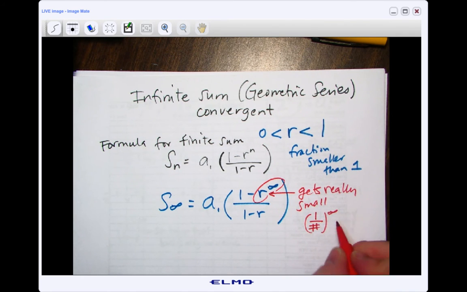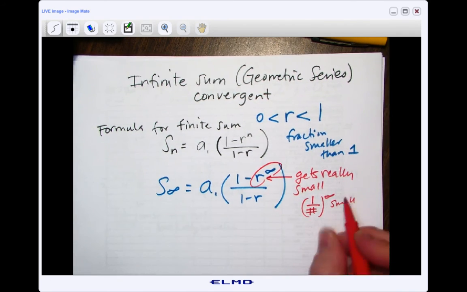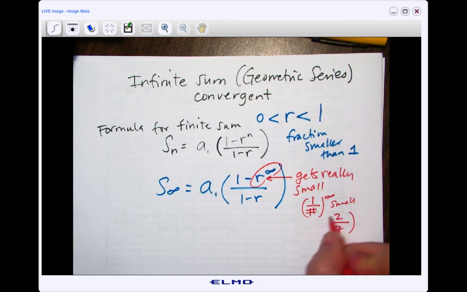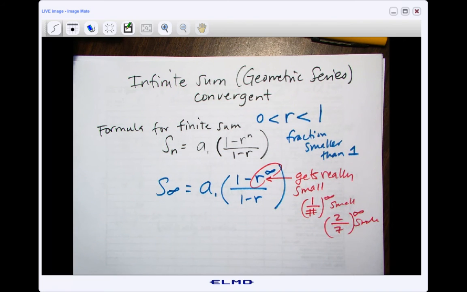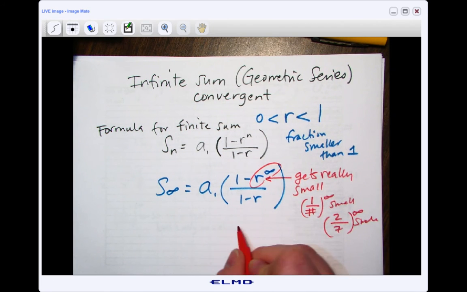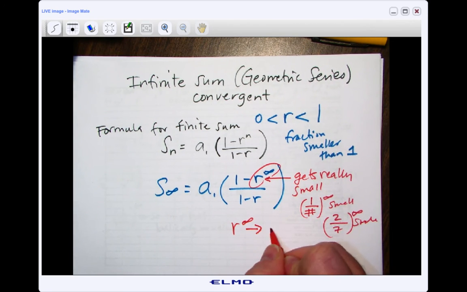Or even if it's like 2/7 to infinity, it's going to be small. So any fraction that you can imagine less than 1, you can see how that's going to be a really, really tiny number, basically 0 if our exponent is infinity. So r to the infinity basically goes to 0.